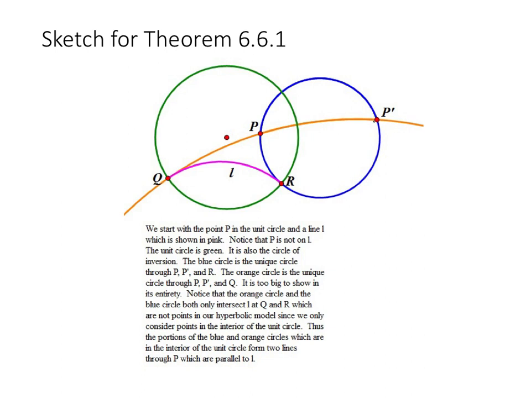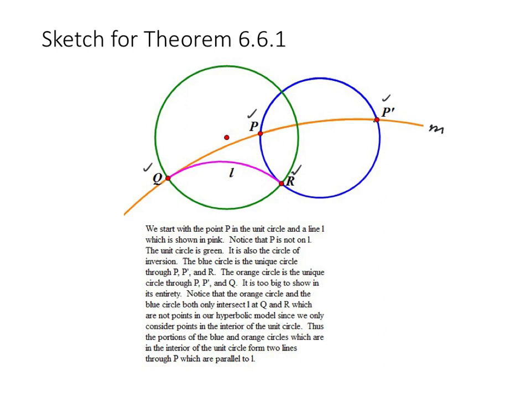So if we take those 3 points, Q, P, and P prime, they determine a unique circle, which we will label M. So it's this orange thing. And if you restrict M to just points that are strictly interior to the green circle, you get a hyperbolic line passing through P.